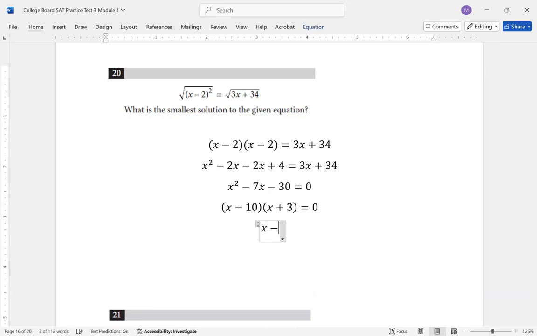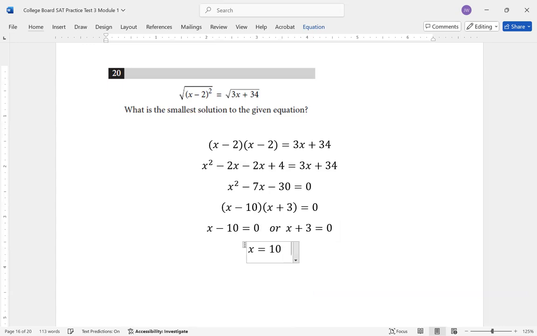Set each term equal to 0, x minus 10 is equal to 0, or x plus 3 is equal to 0. And this gives me two options. One is x is equal to 10. The other is x is equal to negative 3, excuse me. You can confirm that both of these work by plugging them in to this equation up here.